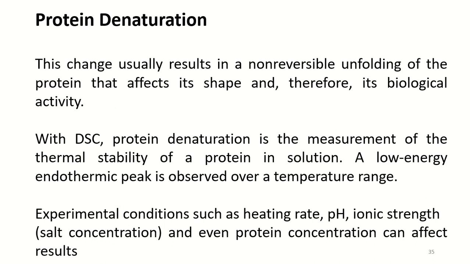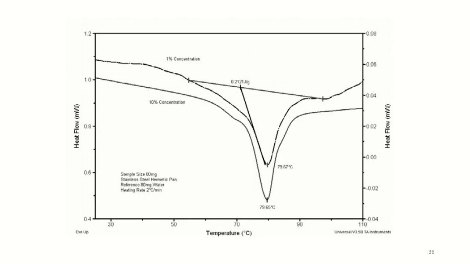Differential scanning calorimetry for the denaturation of albumin from chicken eggs is shown in this picture, which is actually the comparison of 1% concentration as well as 10% concentration, which is quite obvious in this diagram.